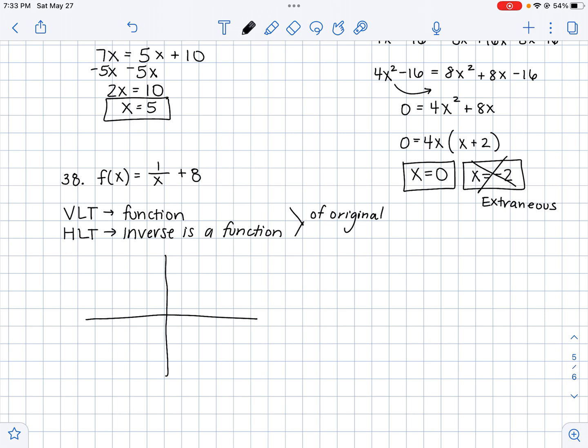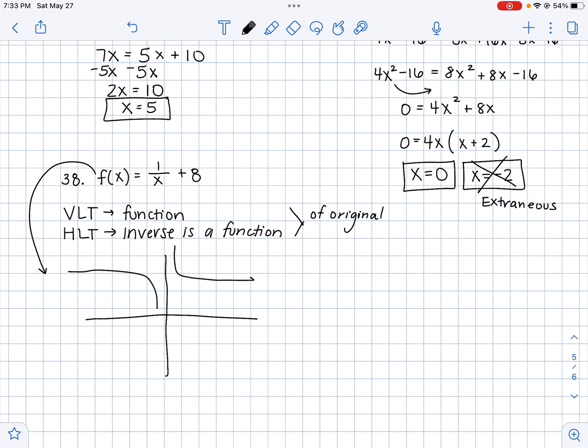So I'm just going to draw a quick sketch of this graph and see what happens. So on my calculator, I'm going to go in and put 1 divided by x and then plus 8 graph. So again, I'm graphing this down here.